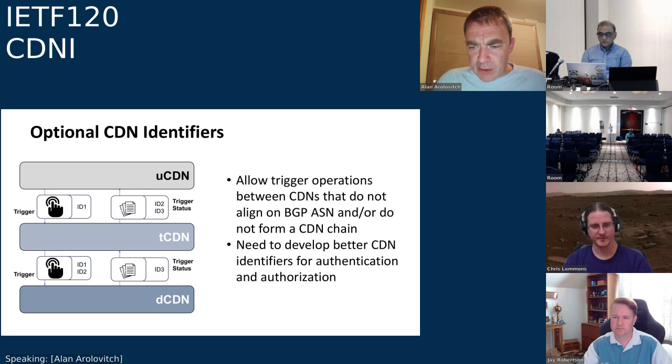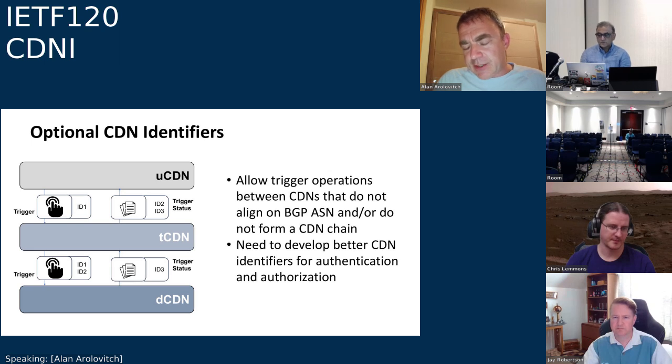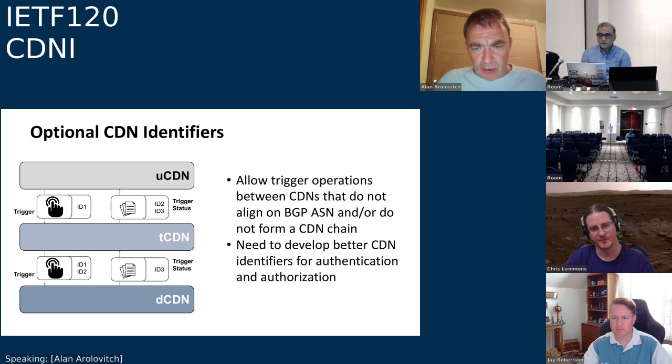There was a discussion on the mailing list about CDN identifiers. Triggers originally had the document invested quite a bit into the CDN chaining use case and support of that, and propagation of extensions back and forth and so on. Not every use case requires that. There are certainly a lot of use cases where there's no TCDN, just UCDN and DCDN talking to one another.